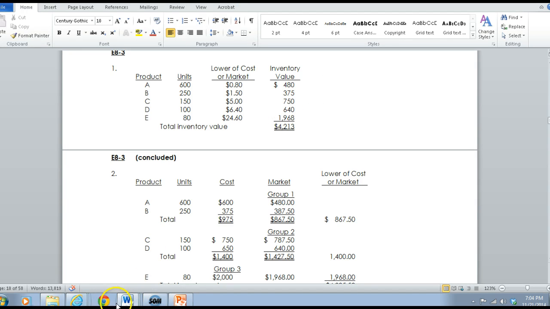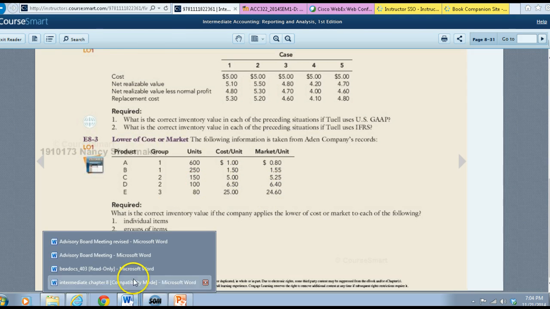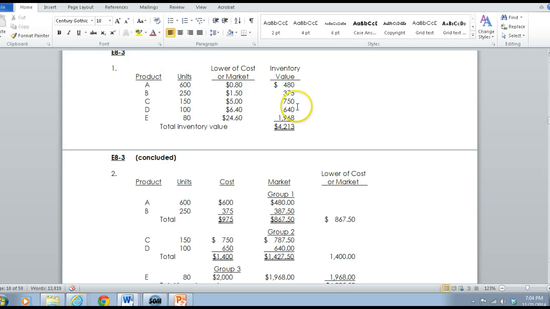For C, we can take our units at 150, and our cost is lower than the market, so we can take our cost of $5, 150 times 5. For D, we've got 100 units, cost at $6.50, market at $6.40, so we're going to need to take these units at $6.40 as shown here, $6.40.